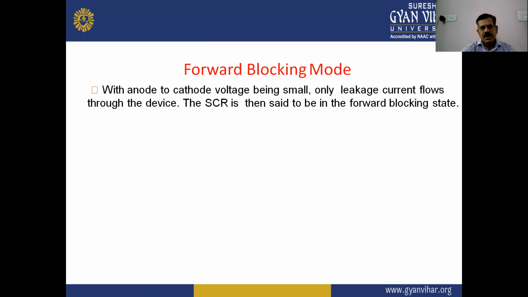What is the forward blocking mode in the VI characteristics of SCR? With anode to cathode voltage being small, only leakage current flows through the device.